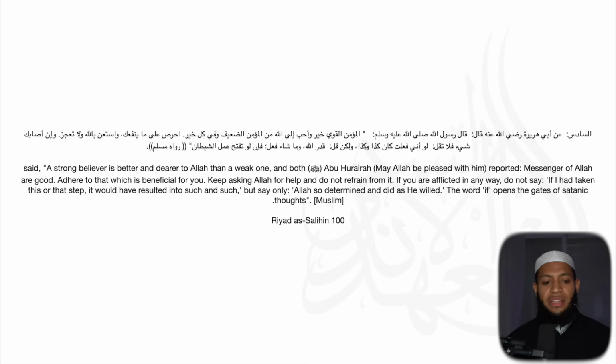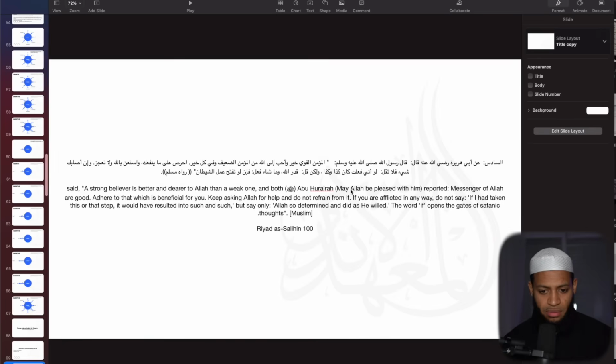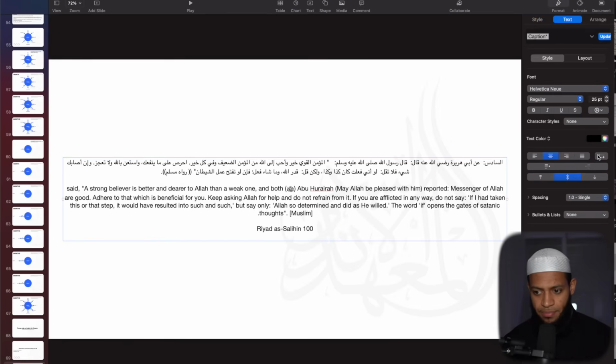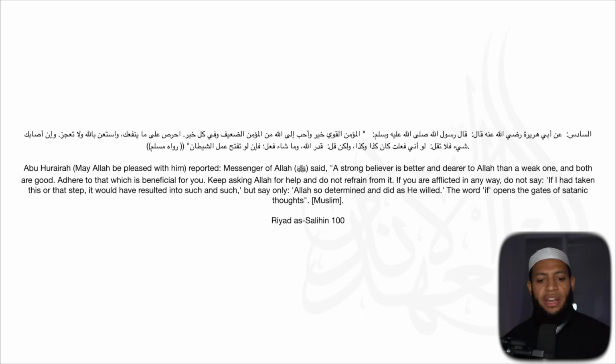In this hadith, he said, a stronger believer is better and dearer to Allah than a weak one, and both are good. Abu Huraira reported that the Messenger of Allah said, a strong believer is better and dearer to Allah than a weak one, and both are good.